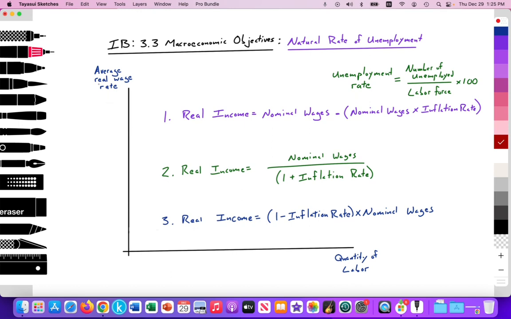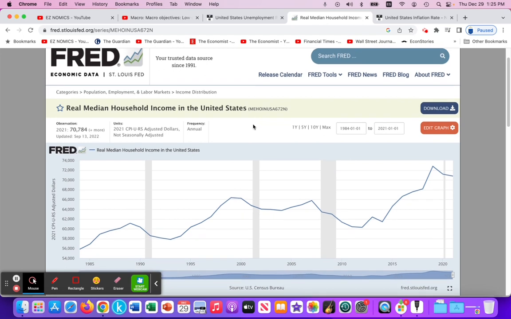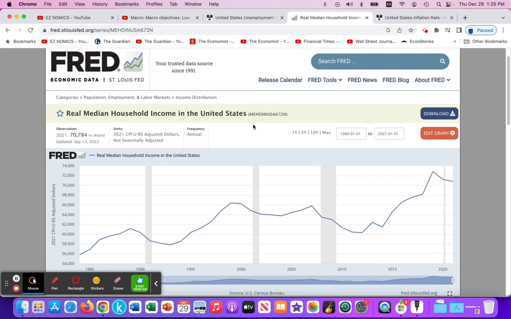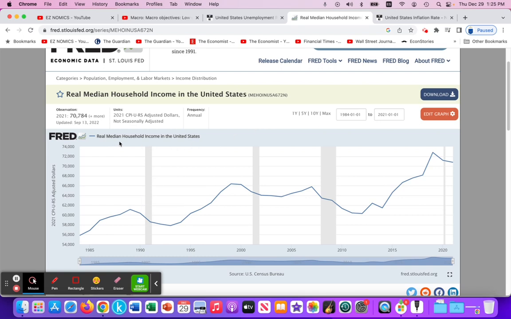But to understand what we mean by real wages, we're going to go over in this video three formulas for calculating real income or real wage of the average person within an economy in a particular year. For the United States, here we have data from the Federal Reserve tracking real median household income.